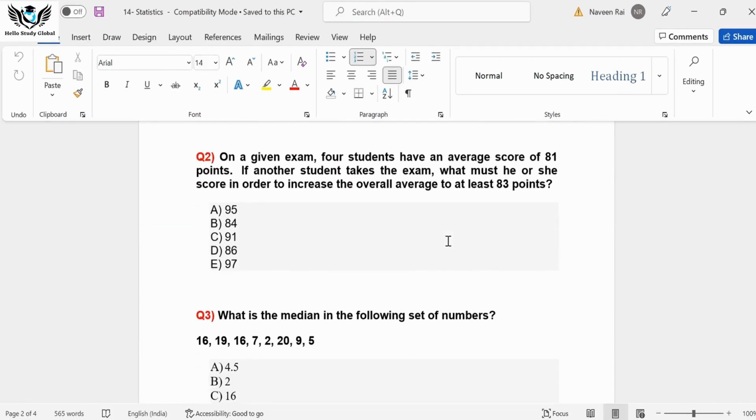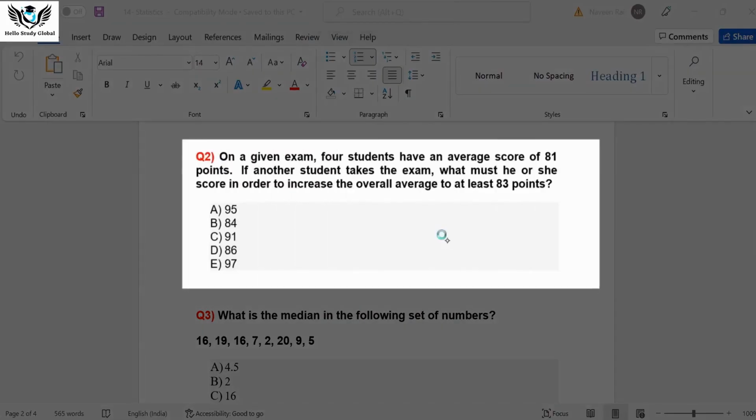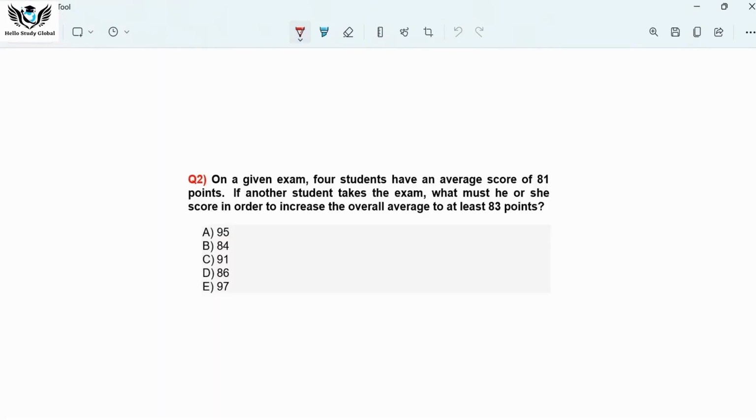Okay, so this question: on a given exam, 4 students have an average score of 81 points. If another student takes the exam, so 4 students have average score of 81. So from there we can calculate the total score. So average, as we know, is equal to sum of scores upon total number of scores. So what would be the sum of scores?